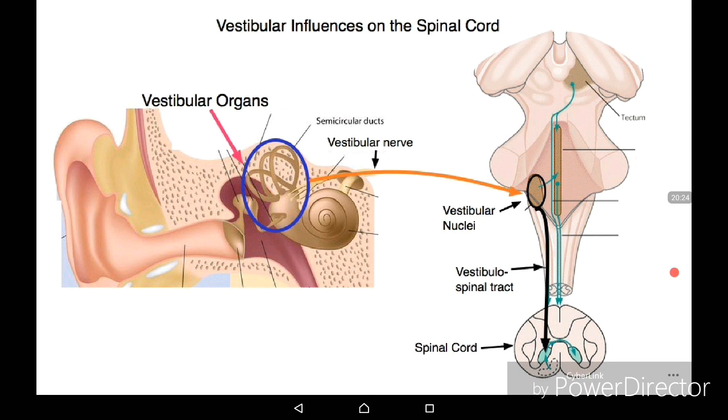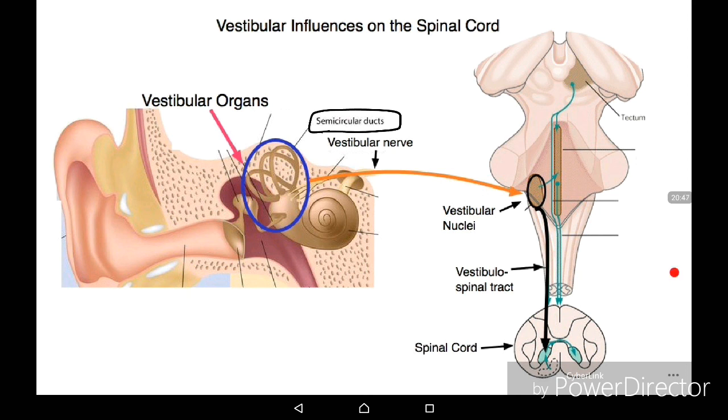And at last, the vestibular analyzer. The peripheral part of that analyzer is located at the vestibular organ, that is also in the temporal bone of the skull. We have here semicircular ducts.